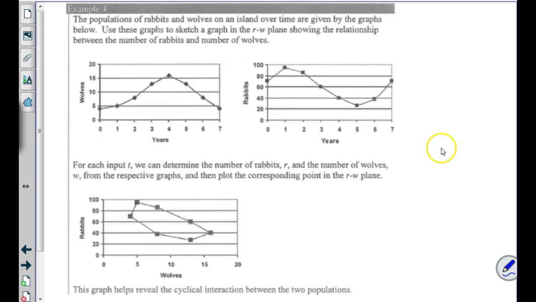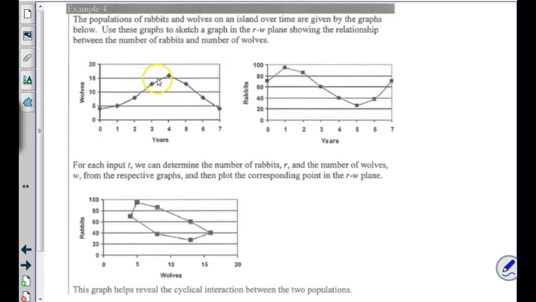All right, parametric equations are a brand new concept for you guys. It has to do with taking 3 variables, okay? But we're not graphing 3-dimensionally. We're talking about, for example, a population of wolves compared to years and rabbits compared to years, okay? So year 0, there's a few wolves and a lot of rabbits. Then they both start to grow and then decay.